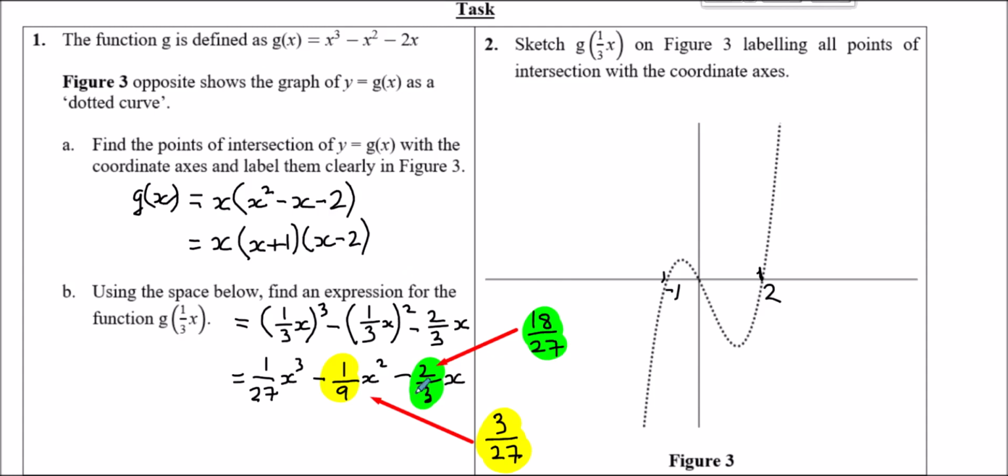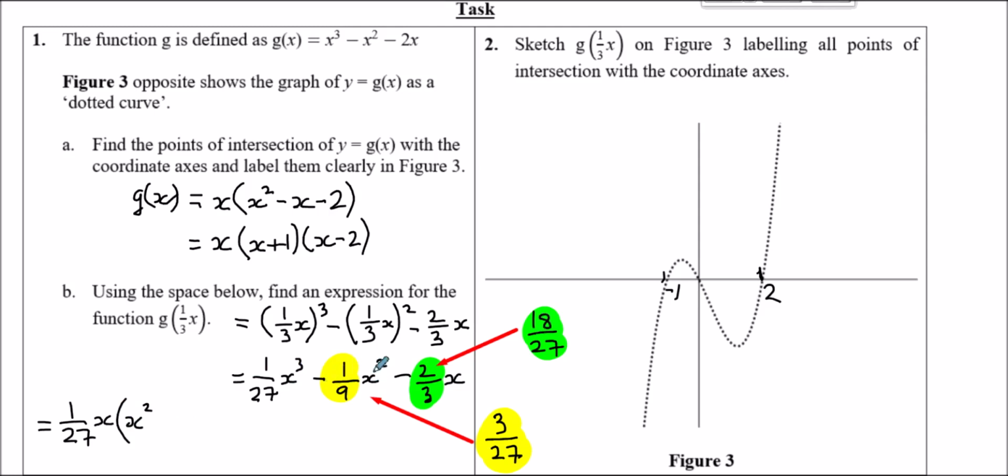So using these facts, we can go further. We can factorise out an x, and we can factorise out the common fraction 1/27. So we can say this is the same as 1/27 x. So we need to multiply this by x squared to give us this x cubed, then minus 1/9 x squared.